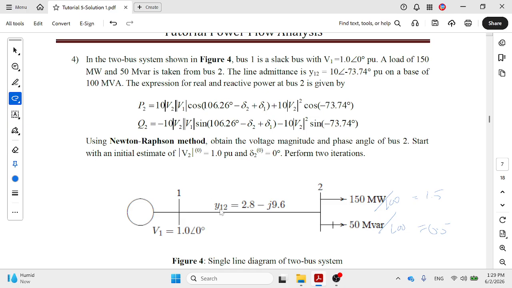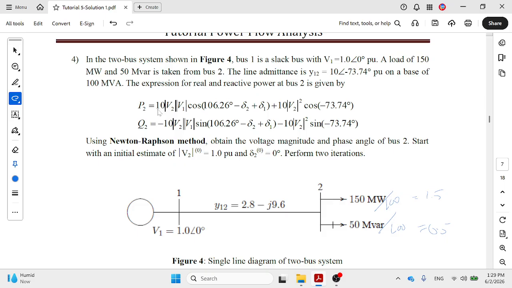Then the Y, which is the inverse of impedance between bus 1 and 2, is given here as 2.8 minus j9.6 in Cartesian form, and in phasor form it is 10 with the angle of minus 73.74.